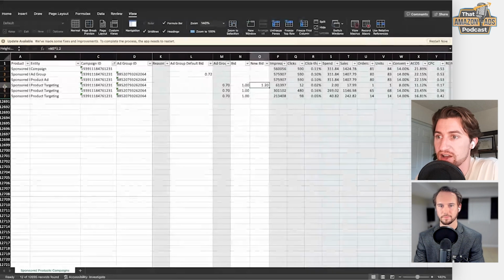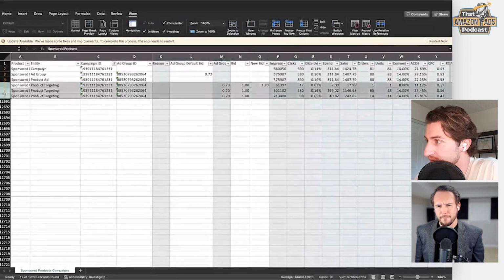So do you think I lost anyone, Andrew, here? Anything to clarify? No, I think the point being, whenever you're looking at these bid increases, having this reference point of what a high bid is for this ad group is a really good sticking point for people to take home.